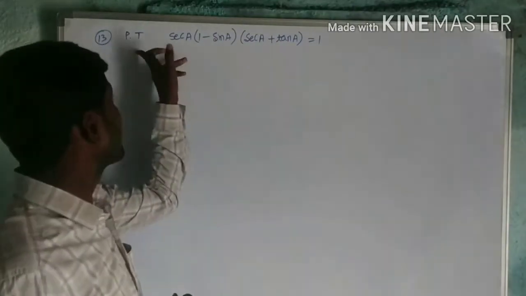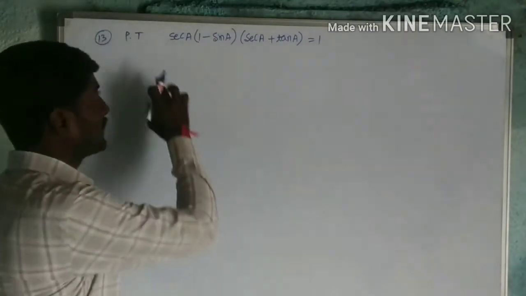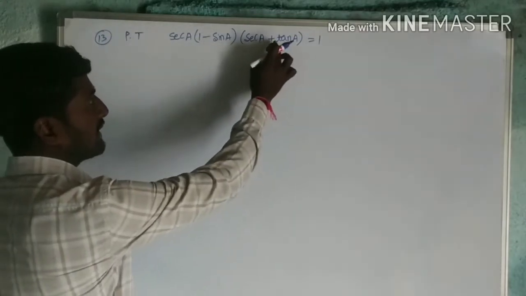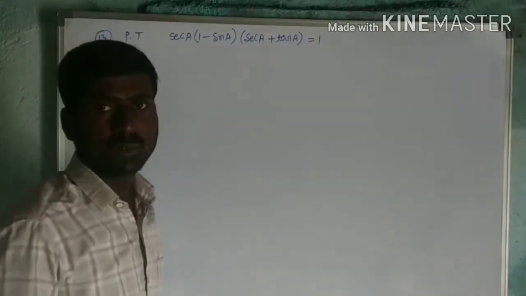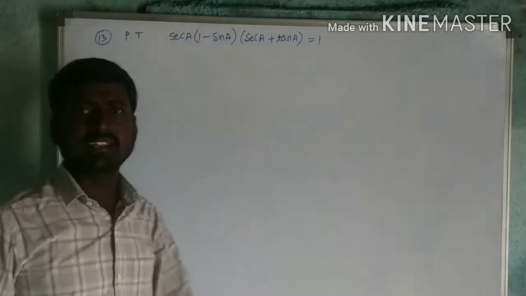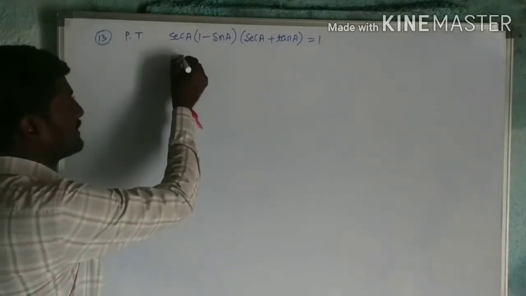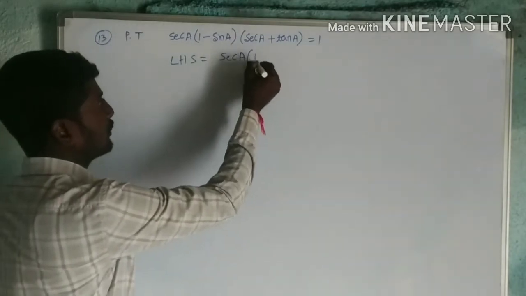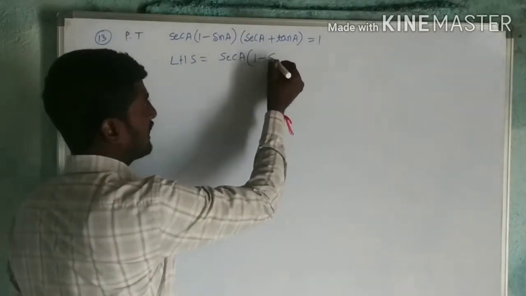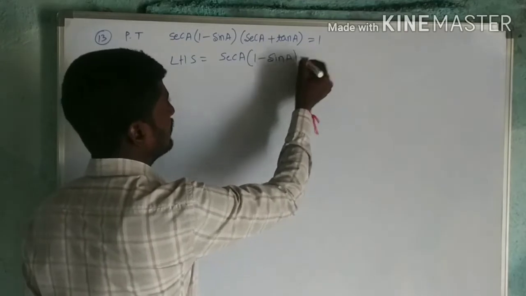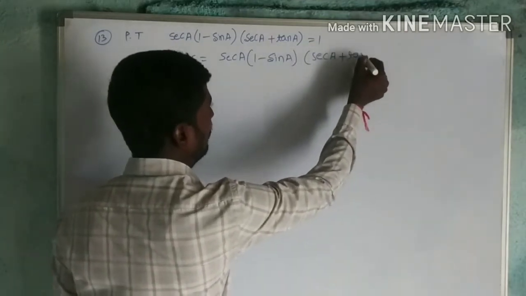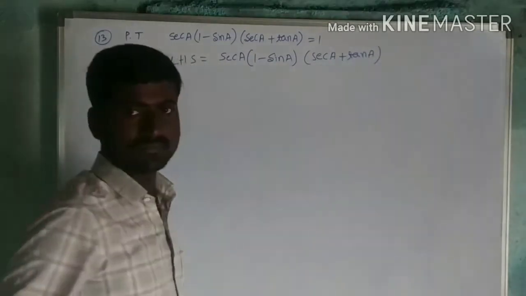Those are example 13. Prove that sec A into (1 minus sin A) into (sec A plus tan A) equal to 1. We have to prove this. Okay. Let us take LHS first. LHS is equal to sec A into (1 minus sin A) into (sec A plus tan A). I want the answer as 1.